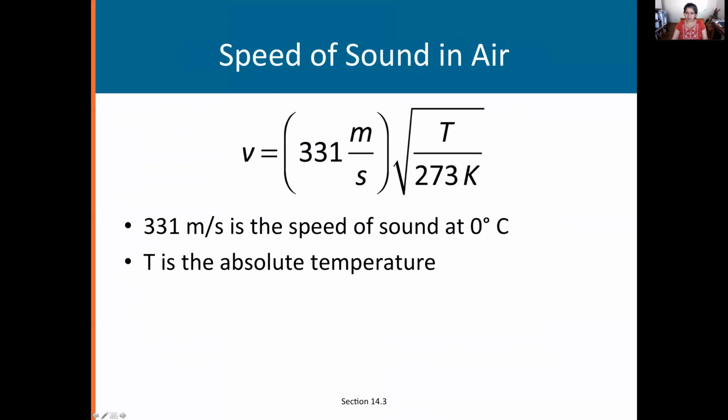So at 0 degrees, the temperature will be 273 Kelvin, 0 plus 273. Yeah? If you have 1 degree Celsius, it's going to be 274, and so on. So in this equation, when you input your temperature, make sure you convert this value T to Kelvin if it's not given to you in Kelvin, and this number will be 273. Okay? We'll do an example to make it more clear.